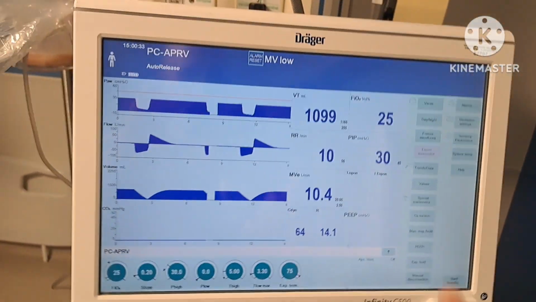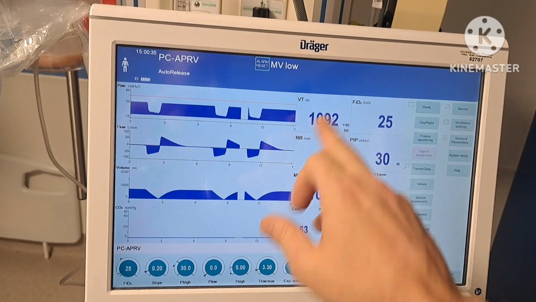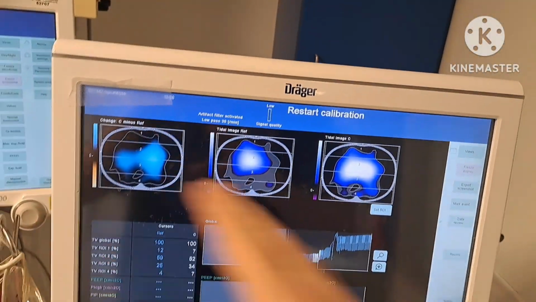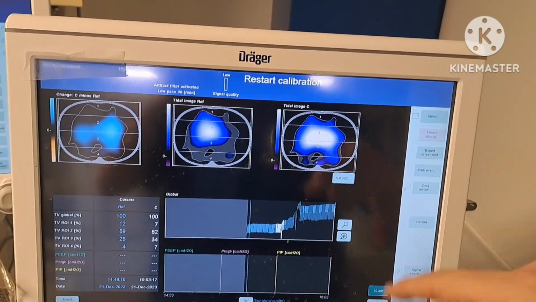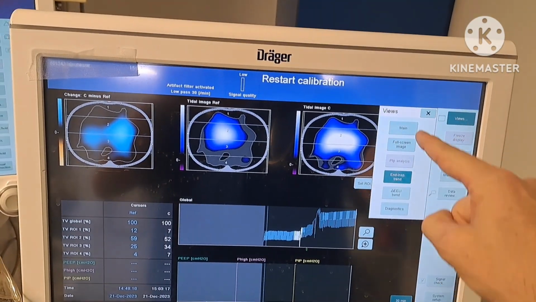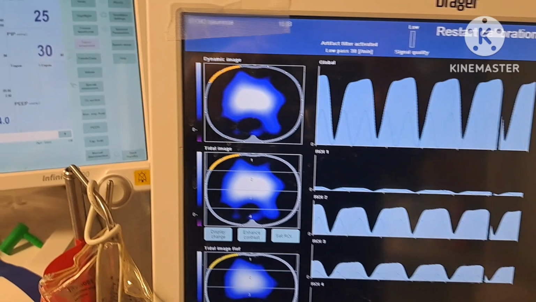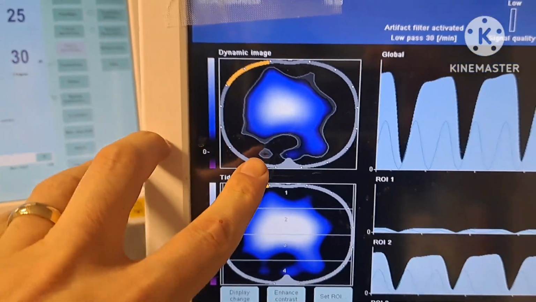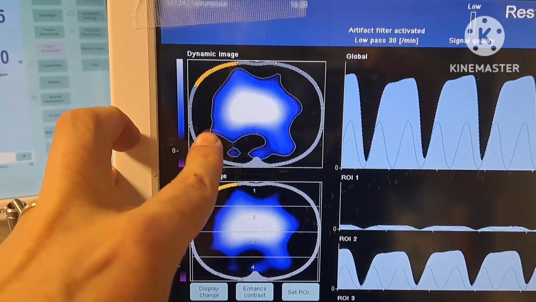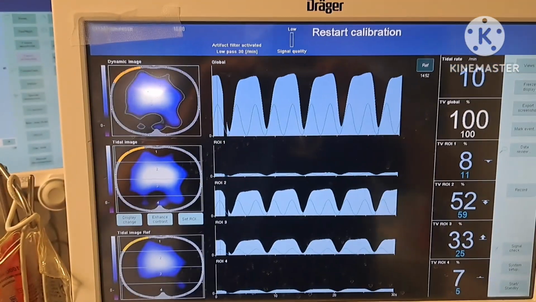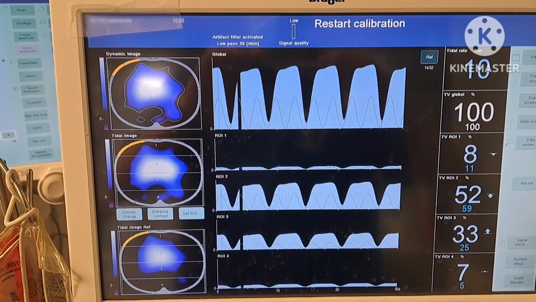The tidal volumes though are quite high over here. So I want to hurry up and get down the P high. I just want to look to see how it's coming along. Not too bad. Right here. All right. So we're really opening up the lung well.